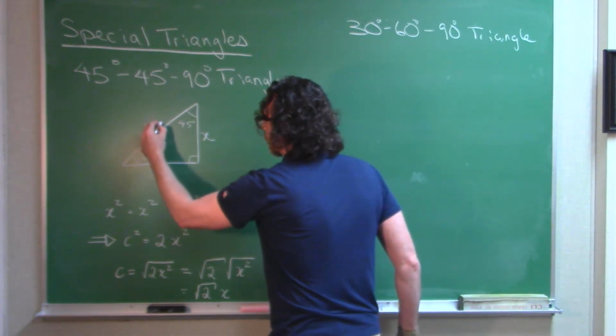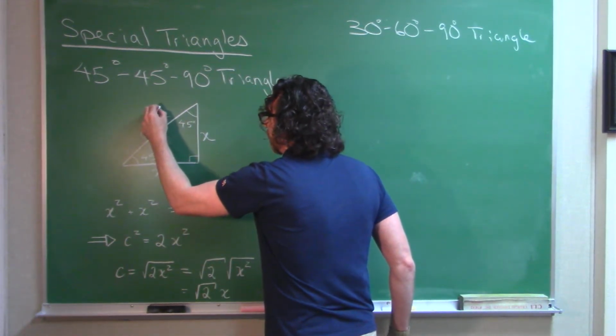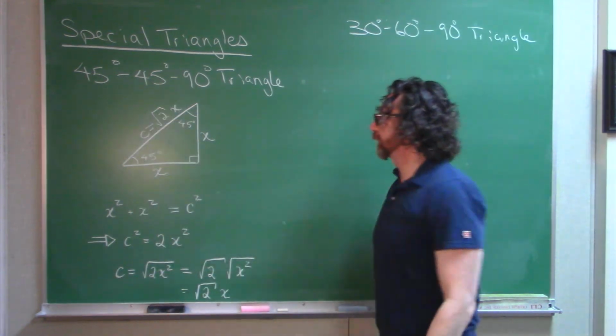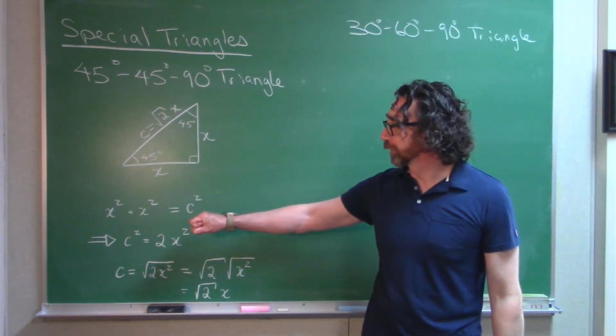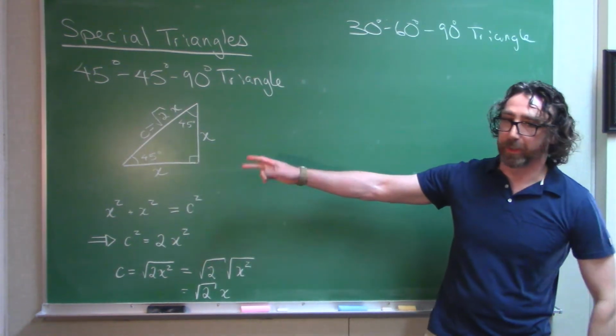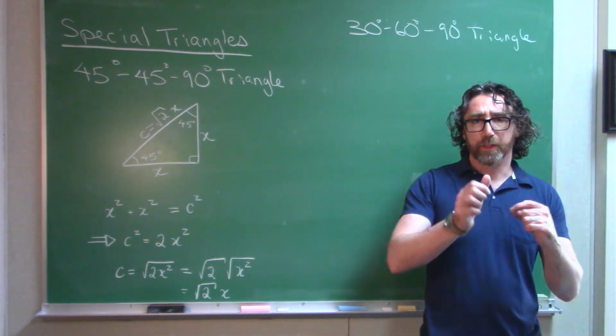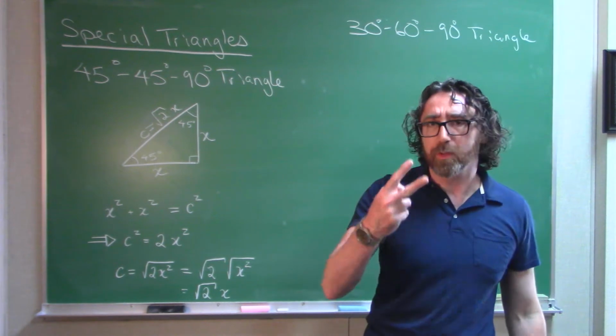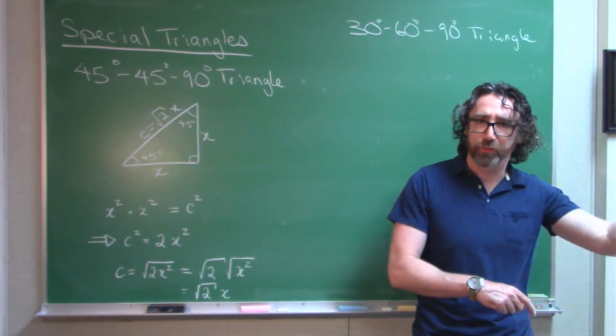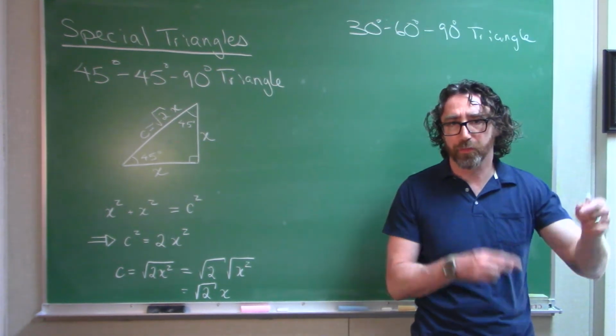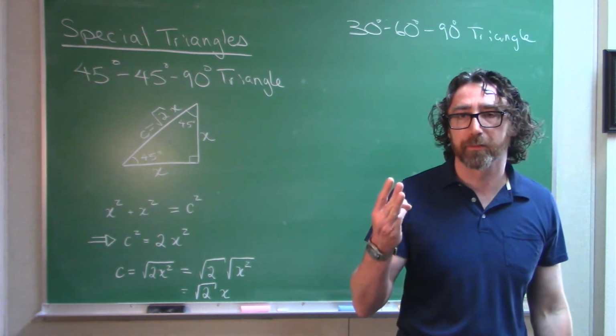So we have a special case here of the Pythagorean Theorem. In the Pythagorean Theorem, we noticed that if we knew any two of the side lengths, we could always figure out the third side length.